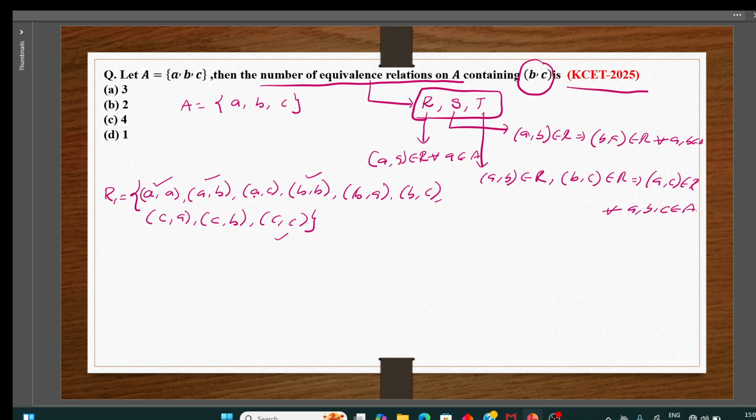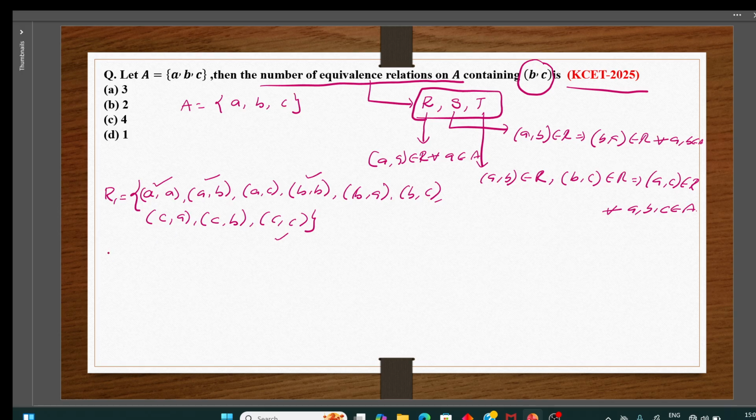Here (a, c), again (c, a), symmetric. Now check transitive: take (a, b), (b, c), and (a, c). Transitive is also satisfied. Clear. So one relation we get.